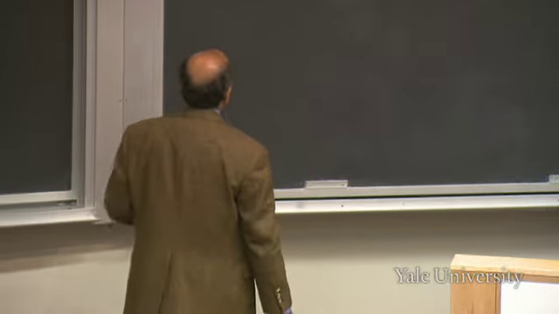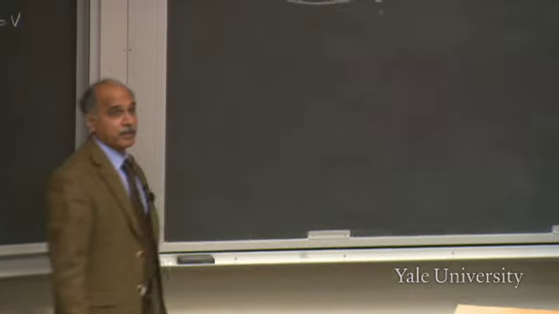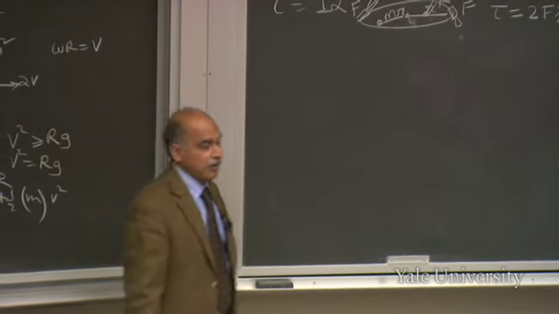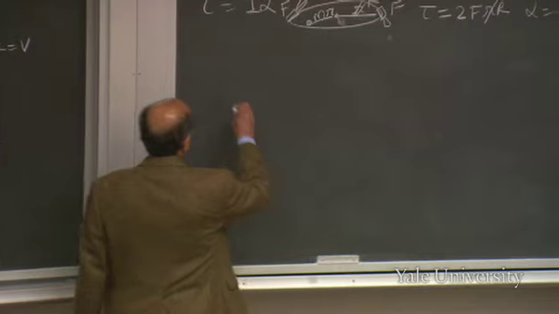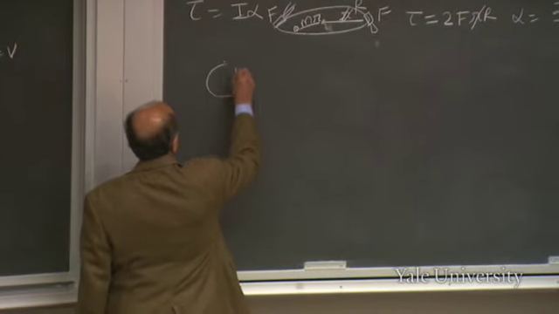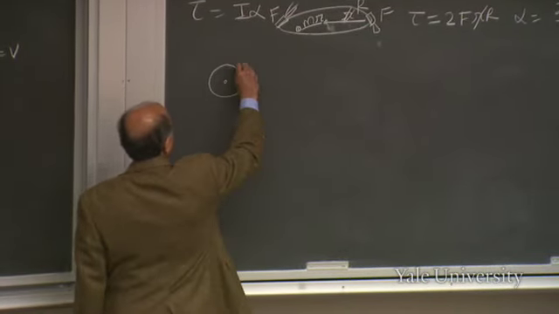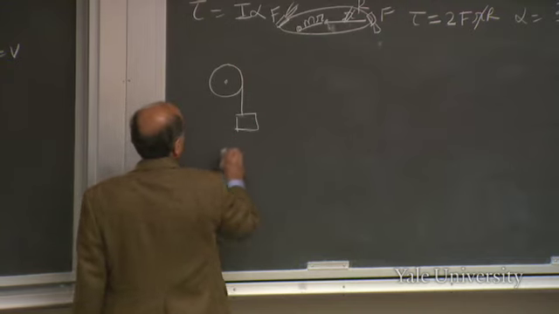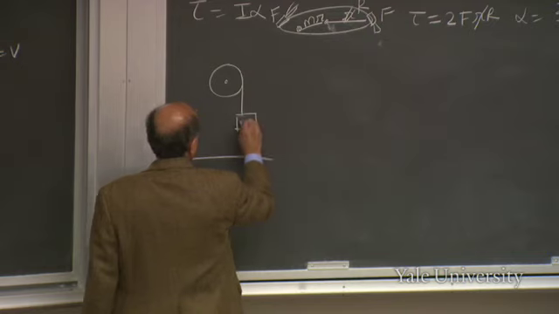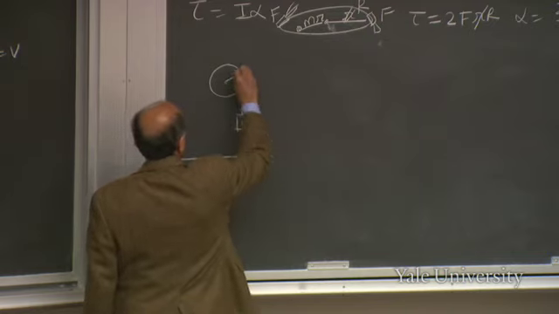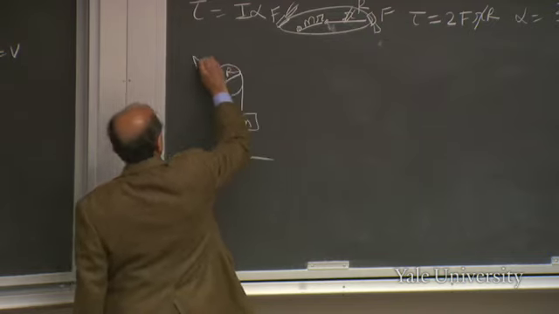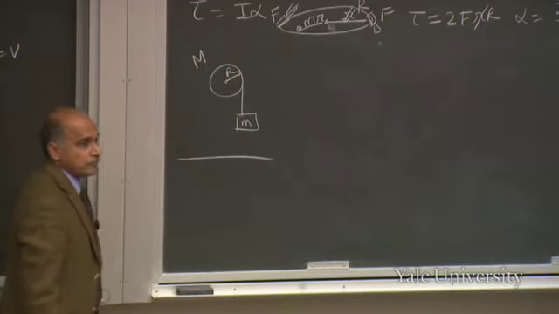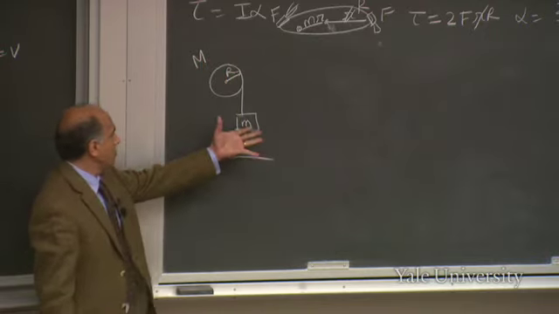So now I'm going to do slightly more complicated problems. Here is the first complication you can have. There is a pulley and there is a mass. I better get everything right here. This is, let's call it little m, let's call the radius r, and mass big M. And I just let go of the mass.